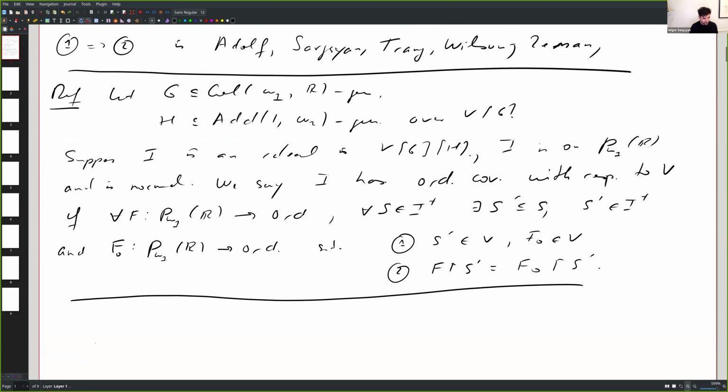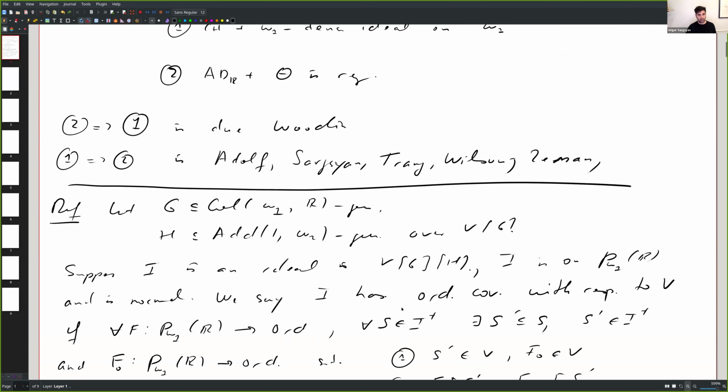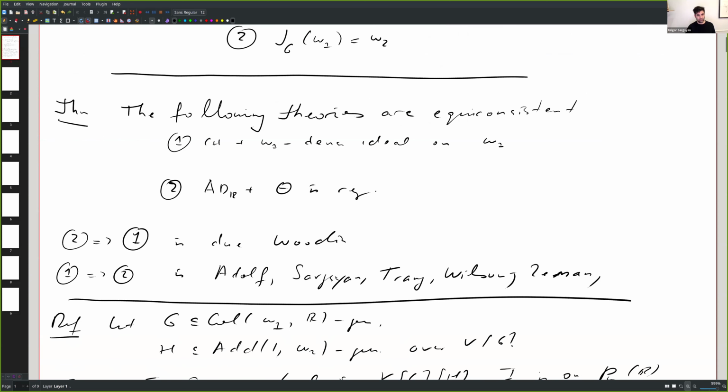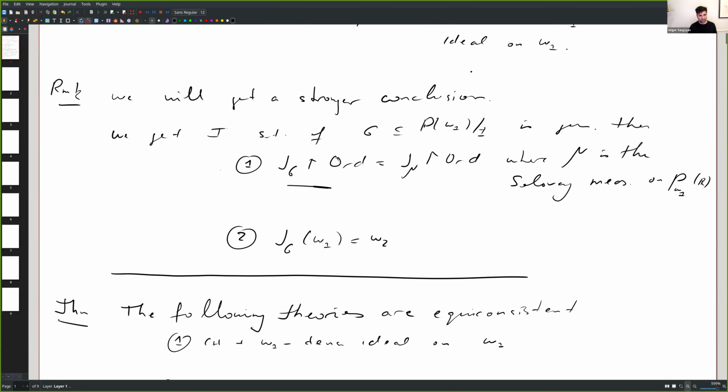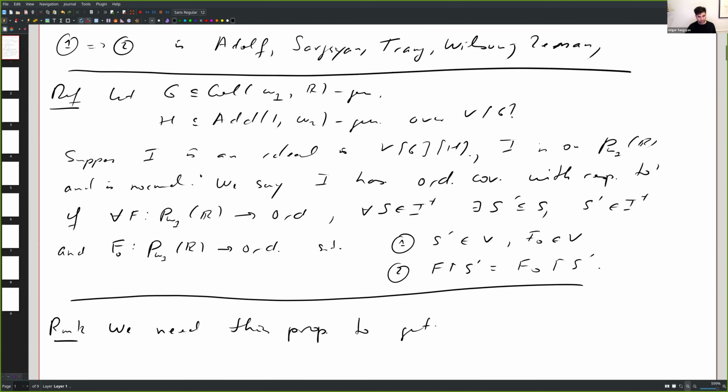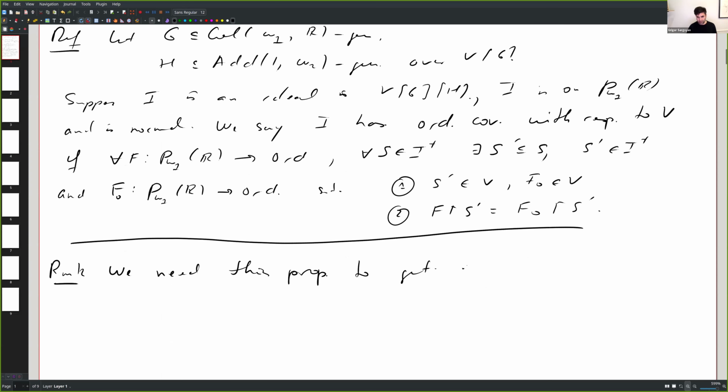Let me remark why this definition is important. We need this property to get clause 1 here, let's say this one, embedding independence or something. So we need this property to get embedding independence.